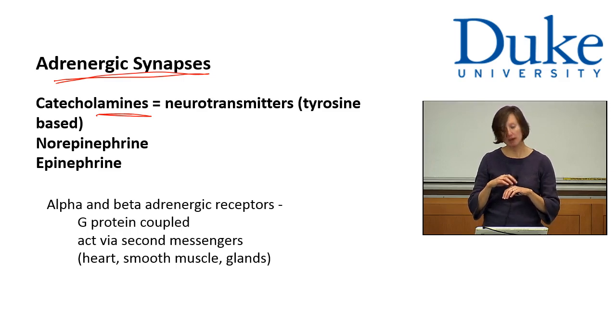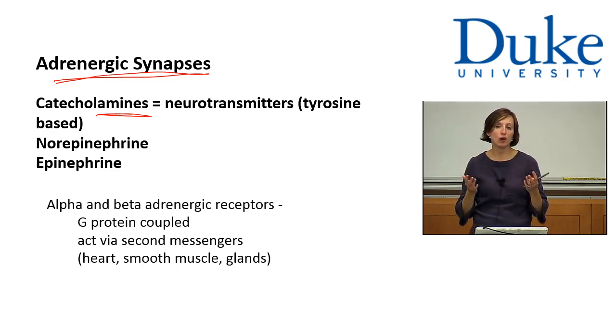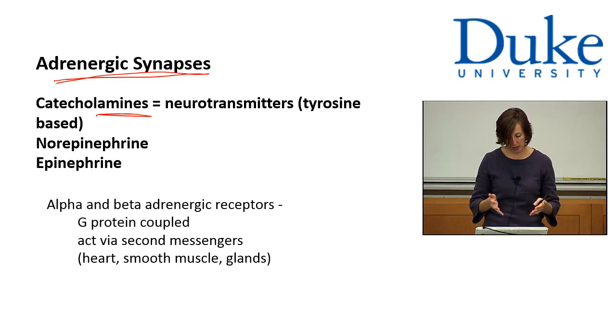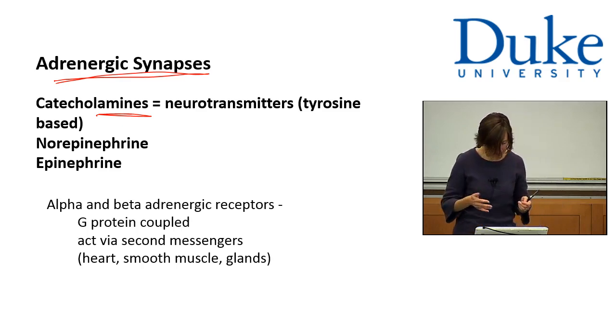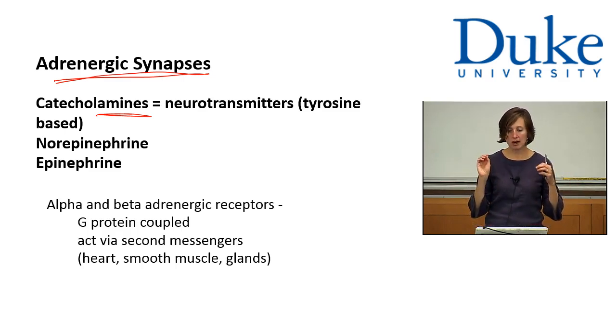Again, we can have different types of receptors on the postsynaptic cell, alpha or beta adrenergic receptors, and there are different types of those, and we'll be getting into which adrenergic receptors are expressed in different tissue and organ types. And again, these are G protein coupled receptors that are going to act through second messenger systems, and they're going to be present on our blood vessels, in the airways of our lungs, the heart, smooth muscle, glands, very prevalent receptors and synapse types.